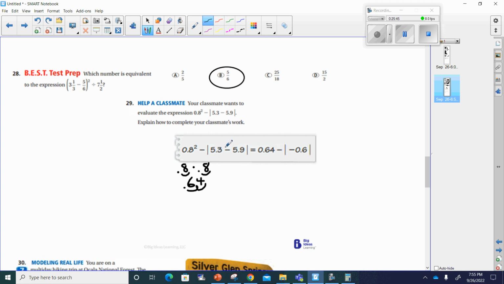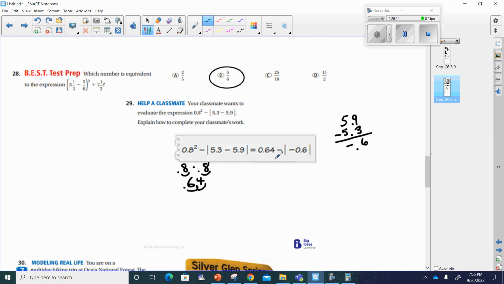Well, 5.3 minus 5.9. We take the big number because they're opposite numbers, 5.9 minus 5.3. Since my signs are different, I find the difference. This gives me 0.6. Keep the sign of the big number. The big number was negative. This is a negative 0.6, and that's what they have here. Now, the absolute value of negative 0.6 is going to be 0.6 because everything is positive.